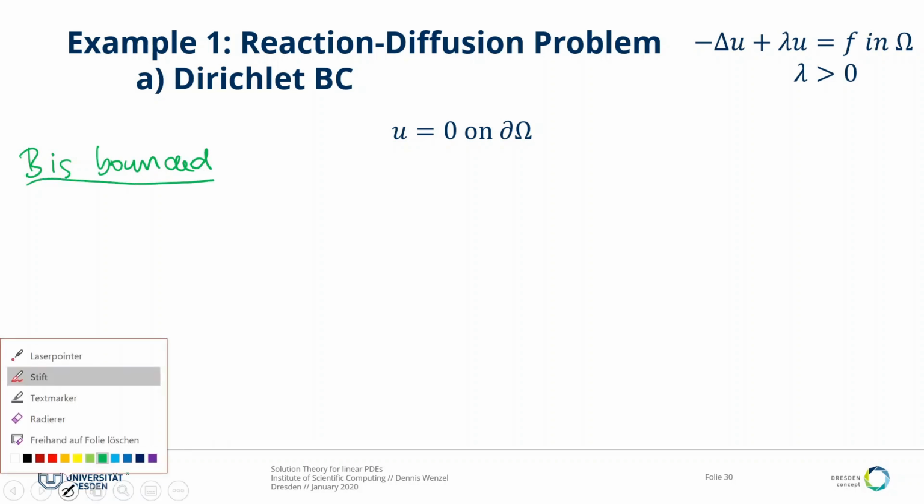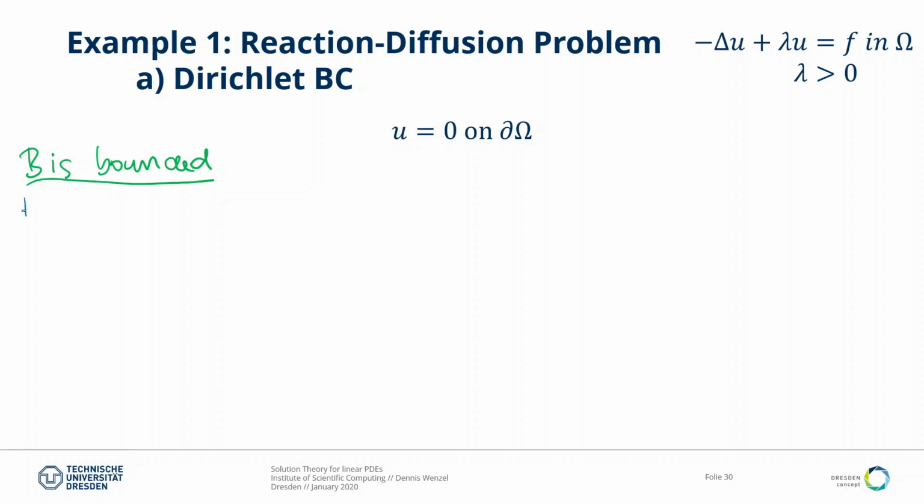That's not so difficult. For this, we start on the left-hand side by writing down b of u and v. B of u and v is by definition just the integral over Omega of gradient of u times gradient of v plus lambda times an integral over u and v. And the first thing we need to apply here is the Cauchy-Schwarz inequality. That tells us that if we have a product that is integrated, we can bound this from above using the norms.